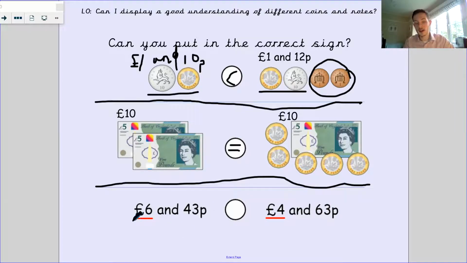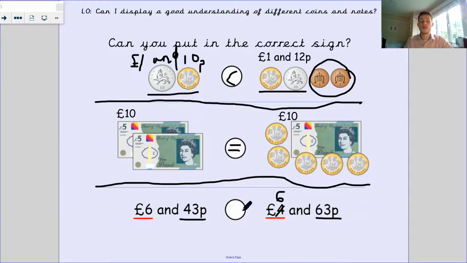Now, I've underlined this in red because these are different numbers. It means it doesn't actually matter what the number is afterwards because I can already tell that 6 is more than 4. Now, if both of these numbers were £6, then I would need to see how much is here.